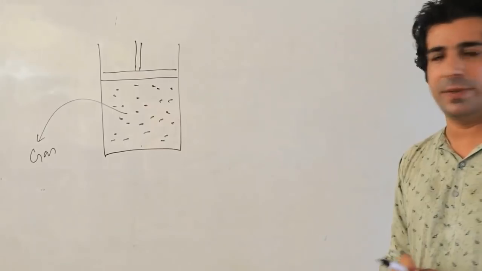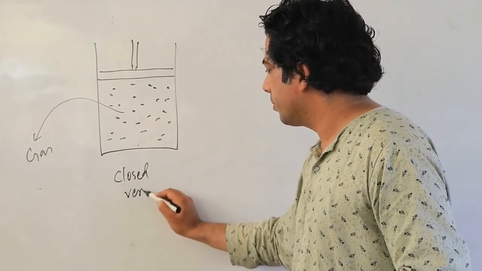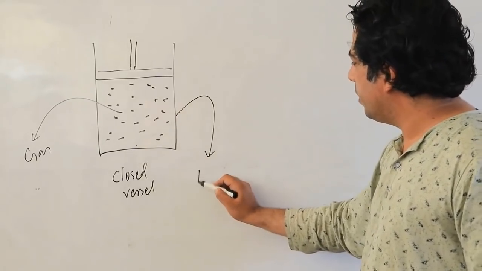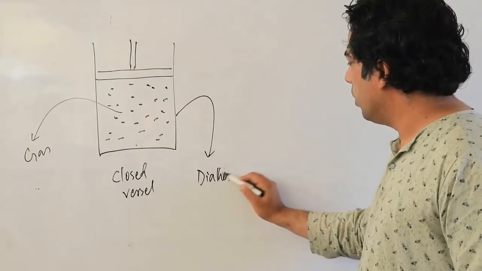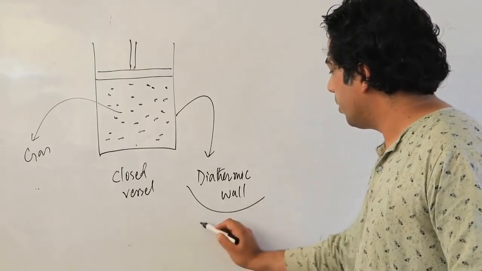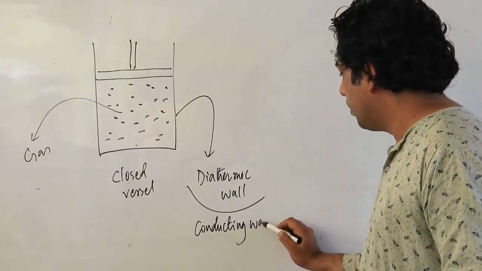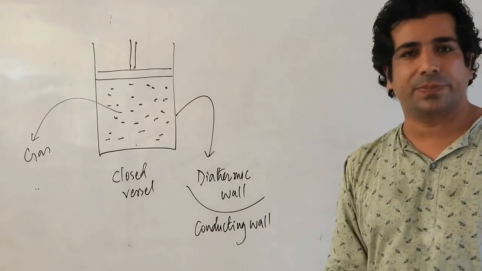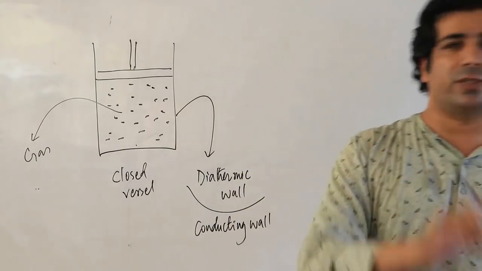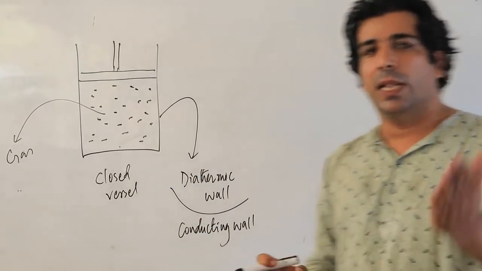Correct, my dear friends? So it's a closed vessel. And remember, let us suppose this wall is a diathermic wall, means conducting wall. Diathermic wall, or you can also say conducting wall. Means exchange of heat is possible from system to surrounding or from surrounding to system in this particular closed vessel, my dear friends.